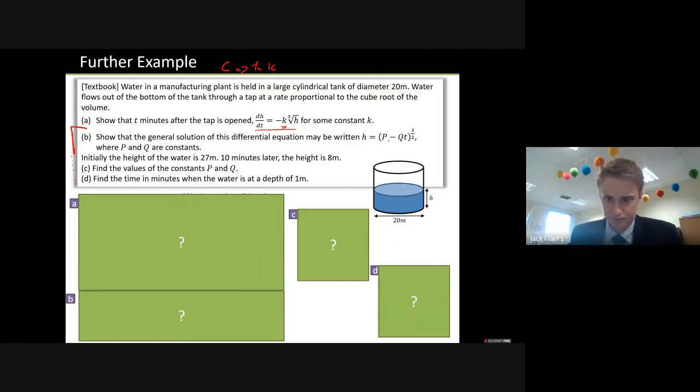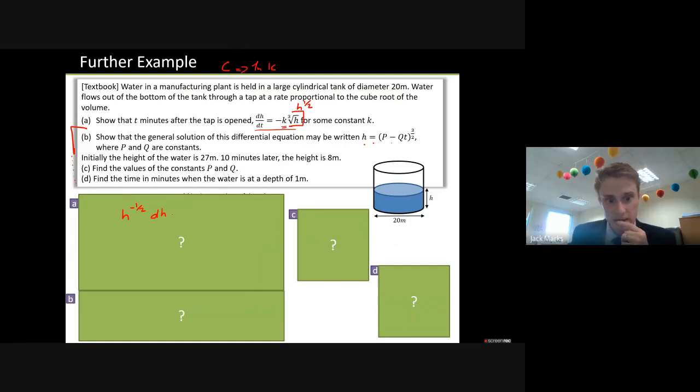So it can be written in this form, h equals, but at the moment it's dh dt. So this suggests we should do what? Well, let's work through our steps. First of all, let's separate. I think I'm going to rewrite this as, what's the easiest way to do this? So I could put this as h to the half, and then when I put it on the other side, it's going to be h to the minus a half, isn't it? dh.